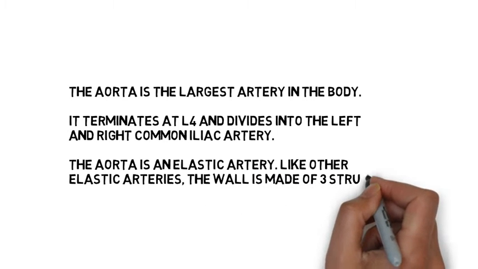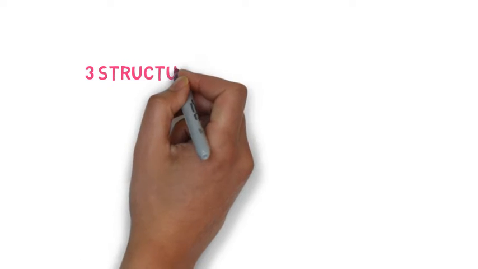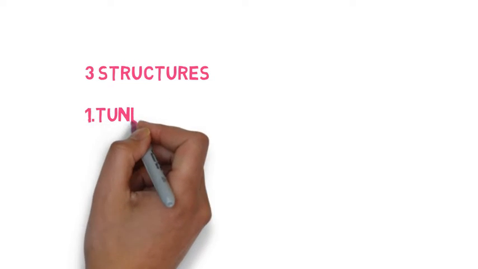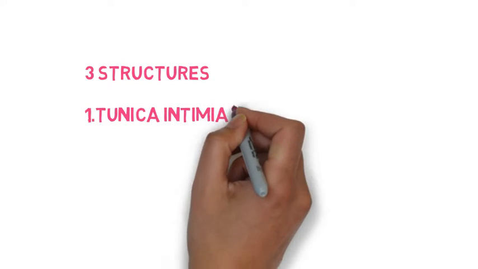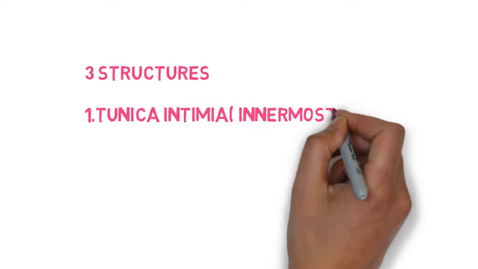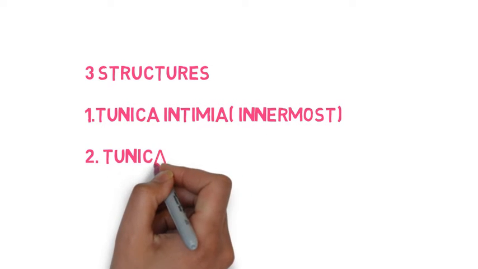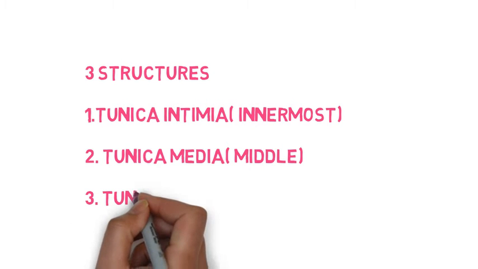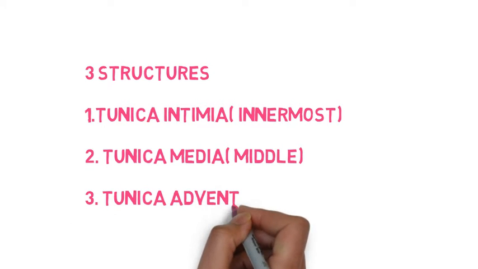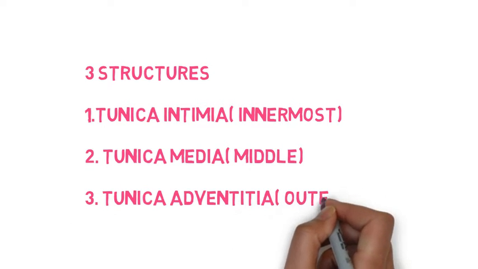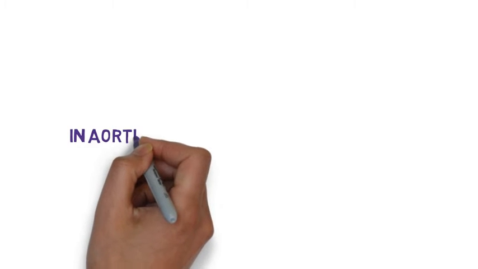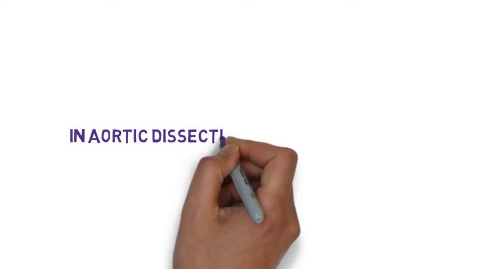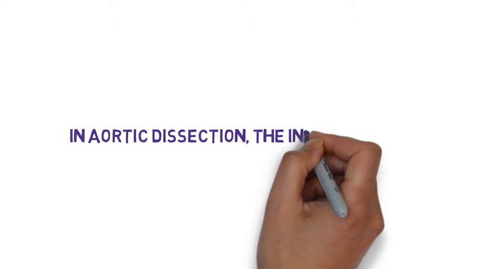These are the following: the tunica intima, which is the innermost layer and lies closest to the blood, the tunica media, which is the thickest part and contains muscles, and the tunica adventitia, which is the outermost layer and contains the blood vessels which supply the aorta itself. In aortic dissection, the innermost layer tears.